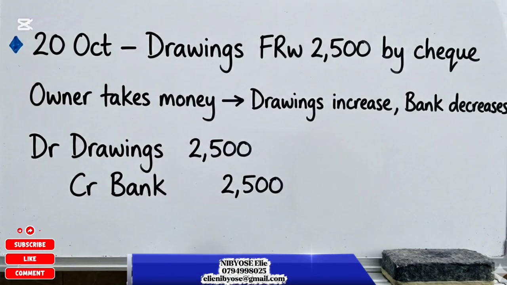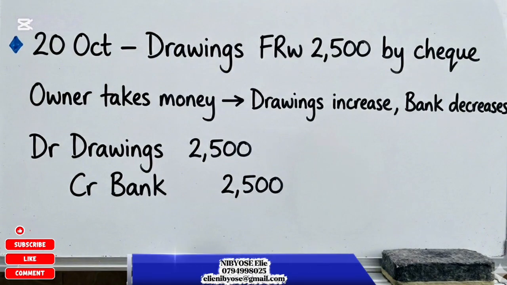So here we are going to credit bank account as an asset, reducing on the bank account of the business, and here we also debit the drawing account as an expense. So pay attention here. The drawings is treated as an expense, but it isn't a normal expense.